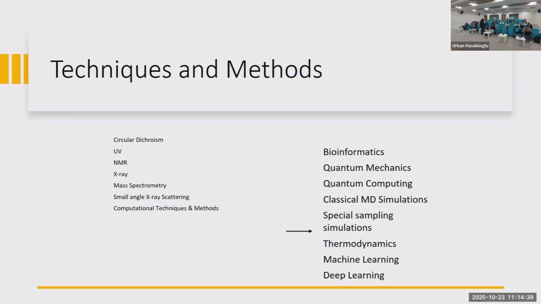So you have size differences. X-ray is not useful because it's a solid state. NMR is useful for small proteins, but not for large proteins. With cryo-EM, it's very difficult to isolate and study conformational properties.